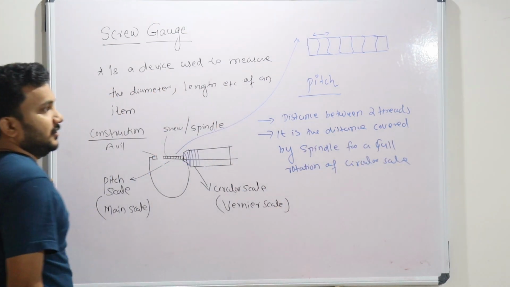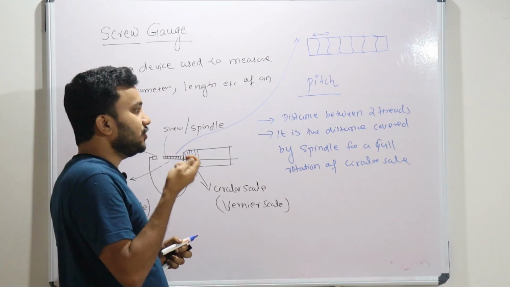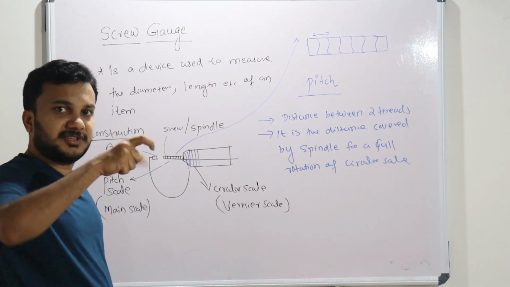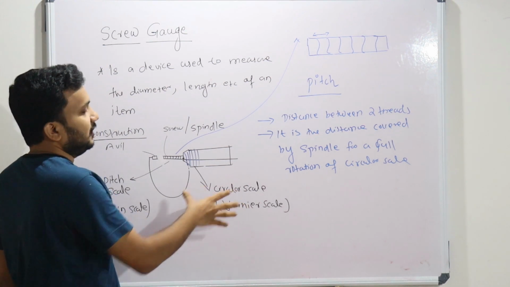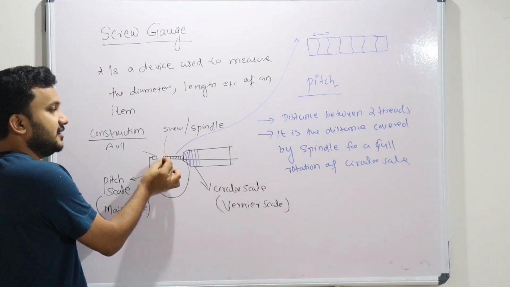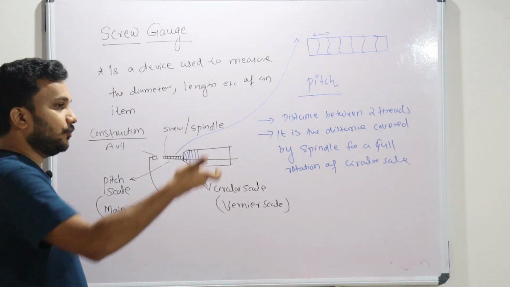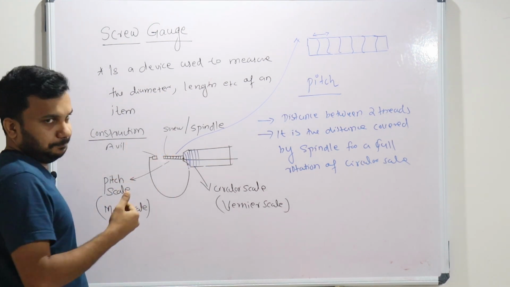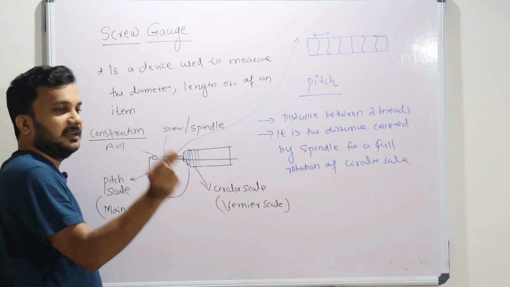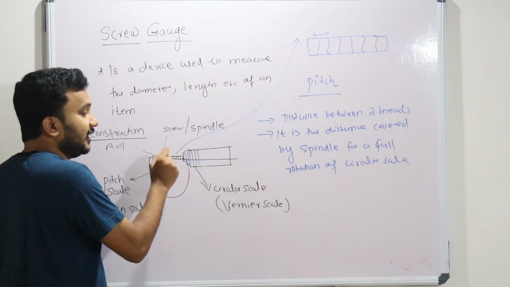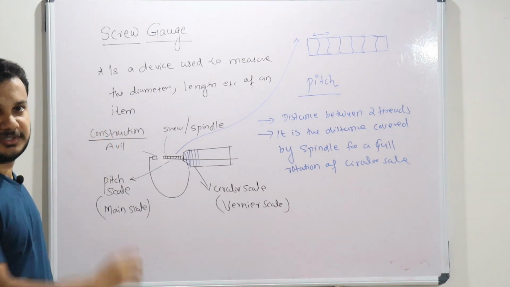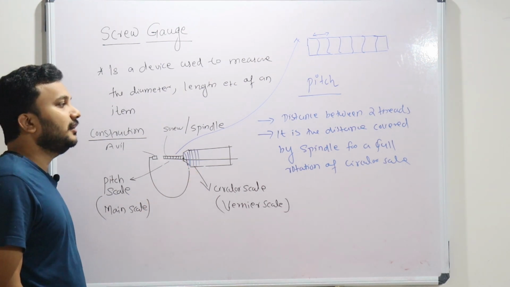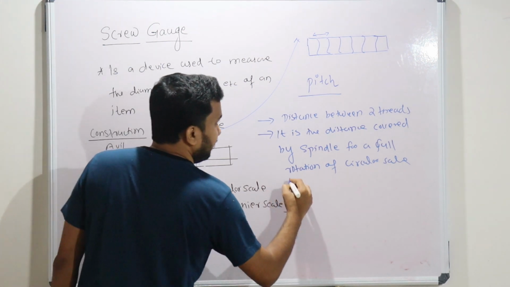If you are doing one full rotation, one pitch of the screw will come out or go inside, depending upon the direction in which you are turning the circular scale. So pitch is nothing but the distance between adjacent threads, or for one full rotation, how much the screw comes out or goes inside. That length is equal to the pitch. That is the design of these devices, and that is the definition of pitch. Hope you understood this, right? We are going to learn about the next term, called least count.